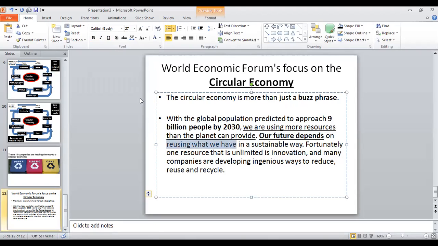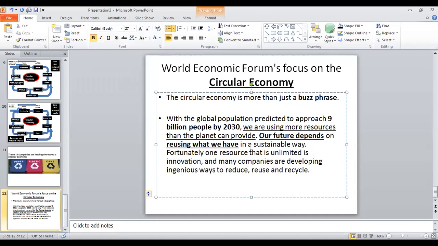This is important. Reusing what we have in a sustainable way. You have little idea about the sustainable way. It means you should not touch the future generations' share on this earth, even though they are yet to be born or maybe still young children going to school.